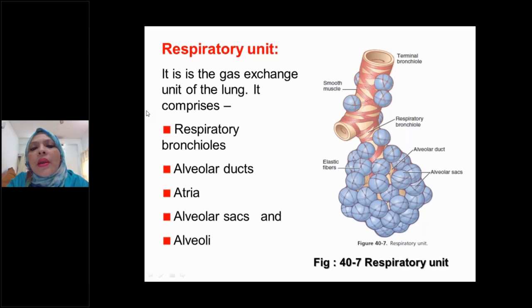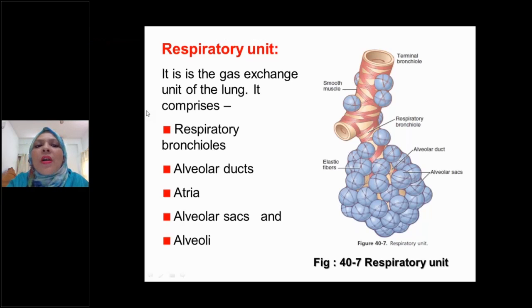But physiologically, we can divide this respiratory passage into two parts, that is conducting zone and respiratory zone. The conducting zone extends from the nose to the terminal bronchiole, and the respiratory zone extends from the respiratory bronchioles up to the alveoli, that is the respiratory unit.